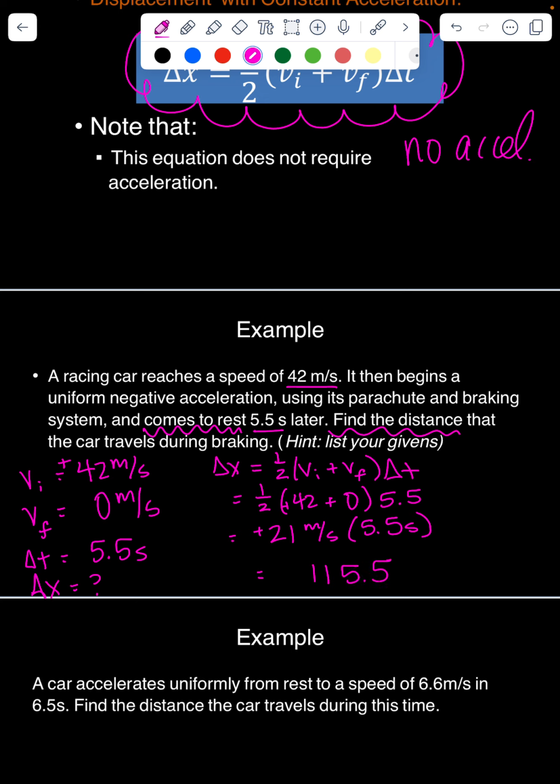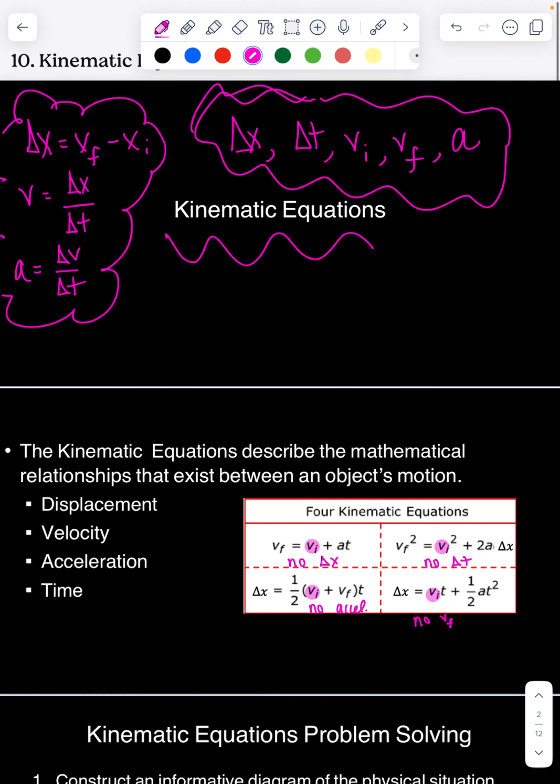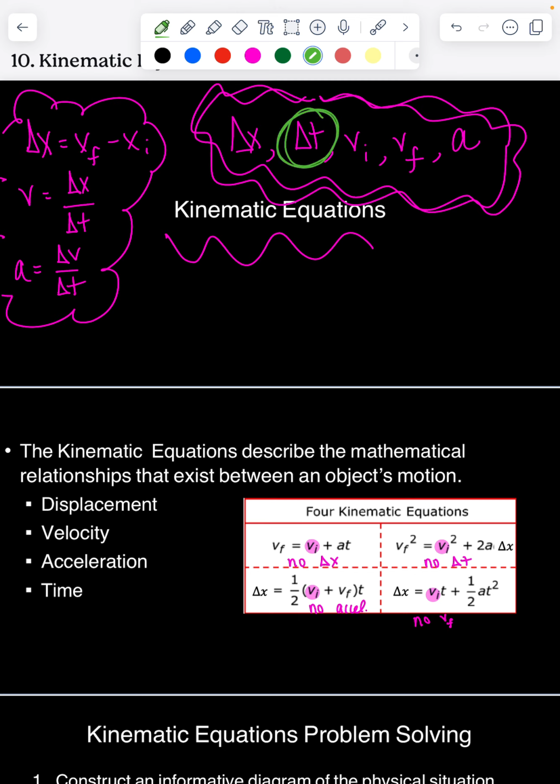is 115.5. Now, we are looking for displacement. The unit for displacement is meters, and we need to remember that displacement is a vector quantity. If you go back to all 5 of our variables, there is only one that does not need a direction, and that is time.